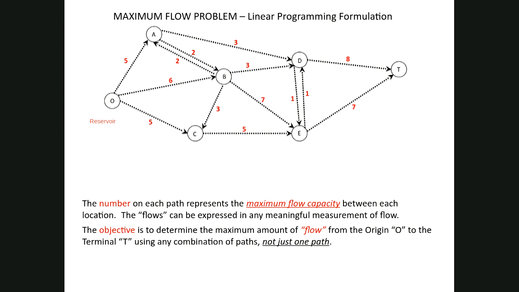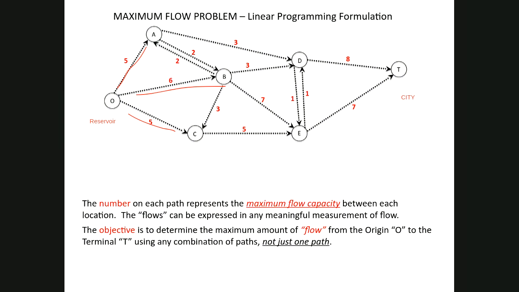All of the five locations between the reservoir and the city are pump stations, and the paths that are shown are pipeways. So this is a pipe from O to A, and this is a pipe from O to B, from O to C, and so forth.